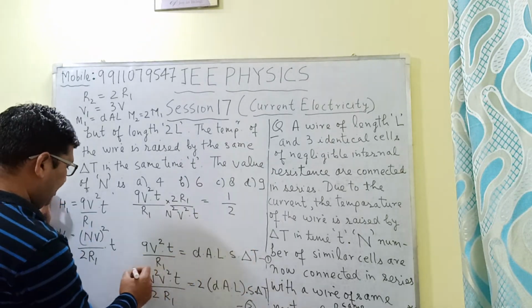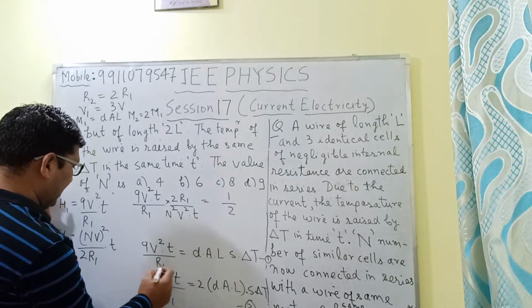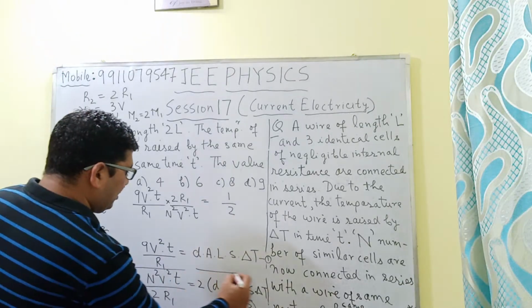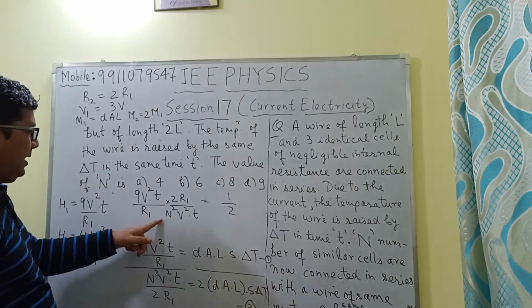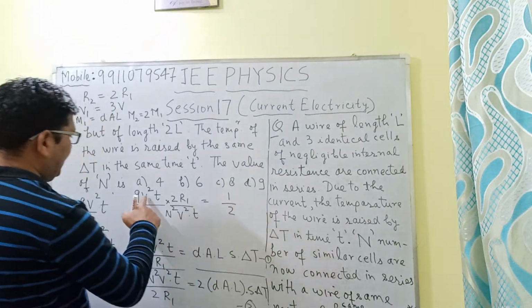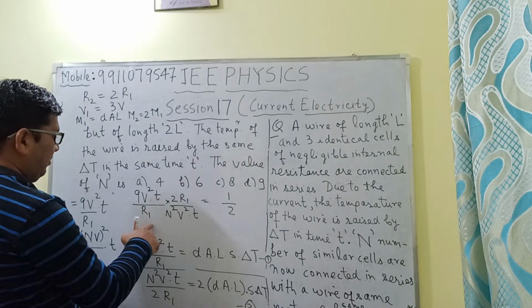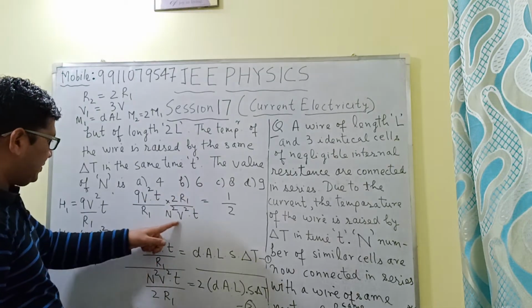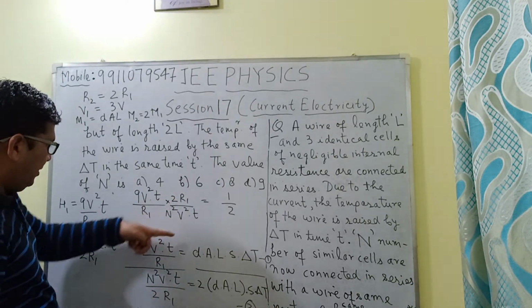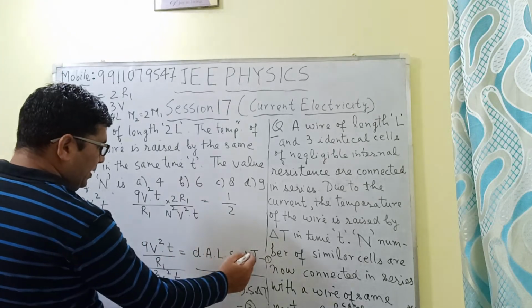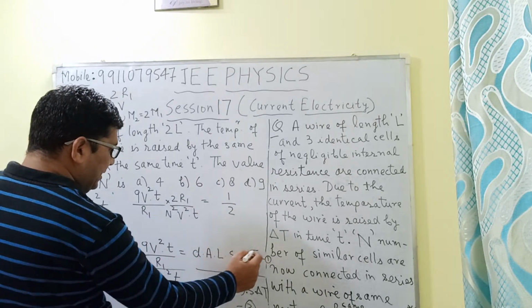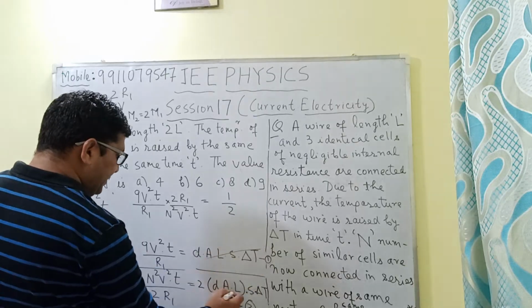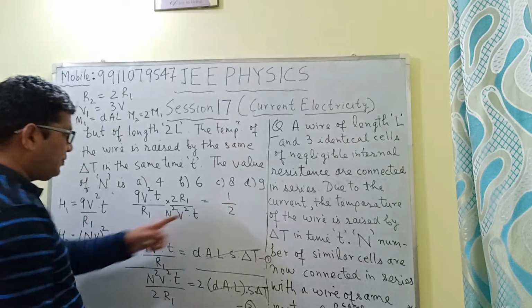On the left hand side we finally got 9V squared into T divided by R1. The 2R1 will go into the numerator and this will be in the denominator, and this entire D A L S delta T will get cancelled out.